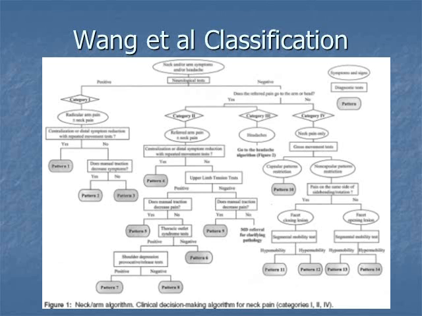Now again, here are 14 plus different patterns, and I'm not sure that all of us are going to be able to keep all of this straight. And again, oftentimes there's a large overlap between interventions that are applied to each different pattern.